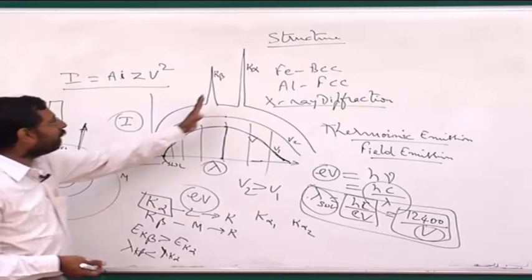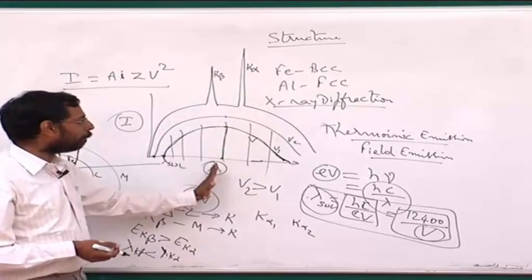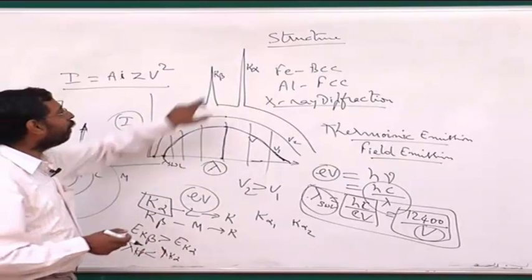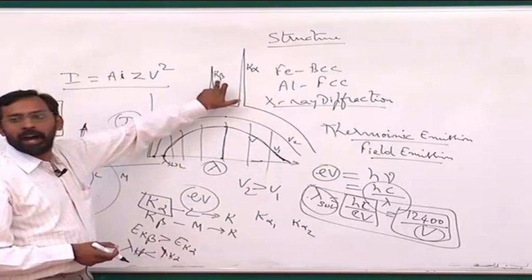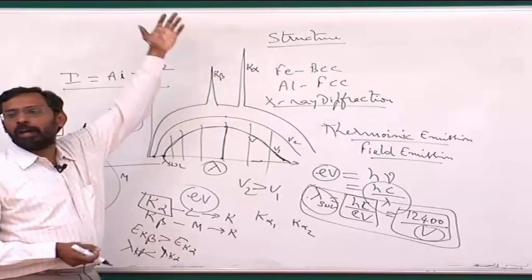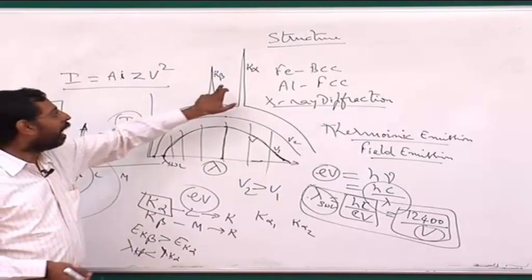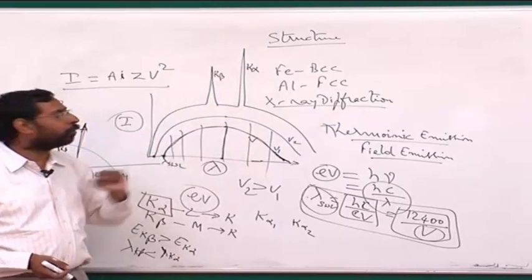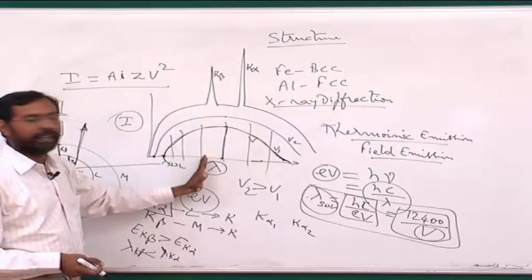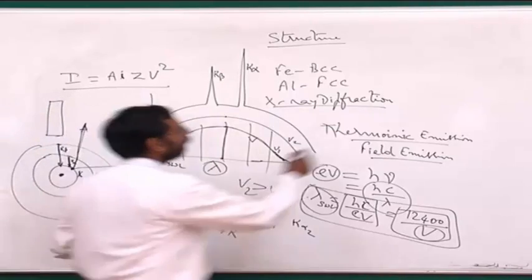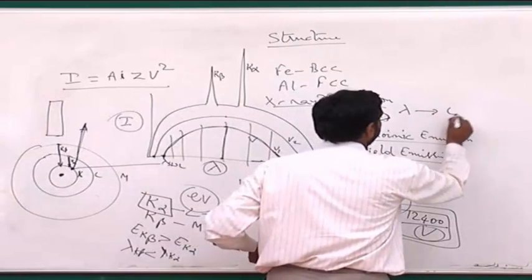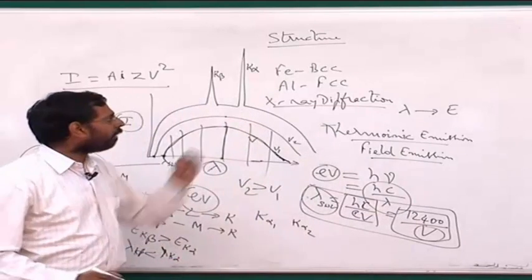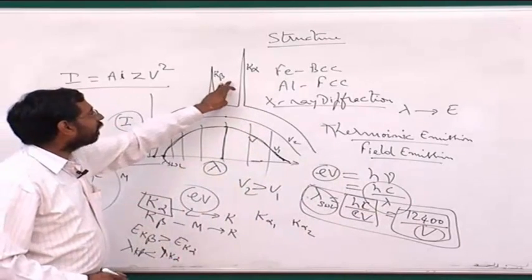As a result, the moment I see a particular lambda, I can convert this lambda to energy, and from that I can find out whether this is copper K beta or aluminum K beta or molybdenum K beta, whatever it is, or whether it is L alpha, L beta. All those things can be found out by simply looking at the lambda, because lambda can be converted into energy. We know that there is a relation between them. So as a result, I can say that this is K alpha.